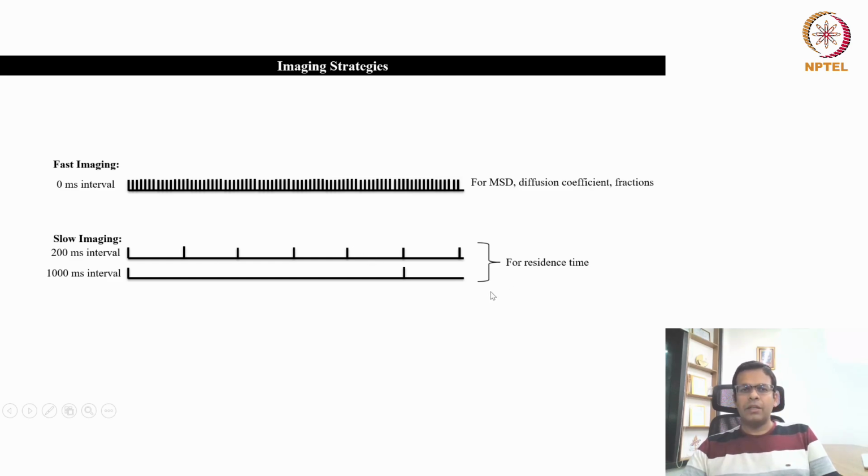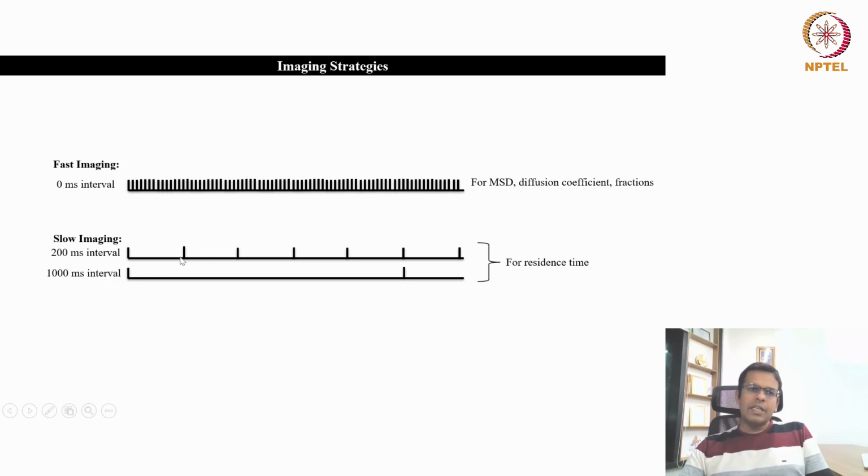So basically, to capture the full dynamic information of any protein, you should image it with two imaging regimes: the fast imaging regime and the slow imaging regime. And depending on how strongly your protein is bound, you have to decide the imaging time interval.